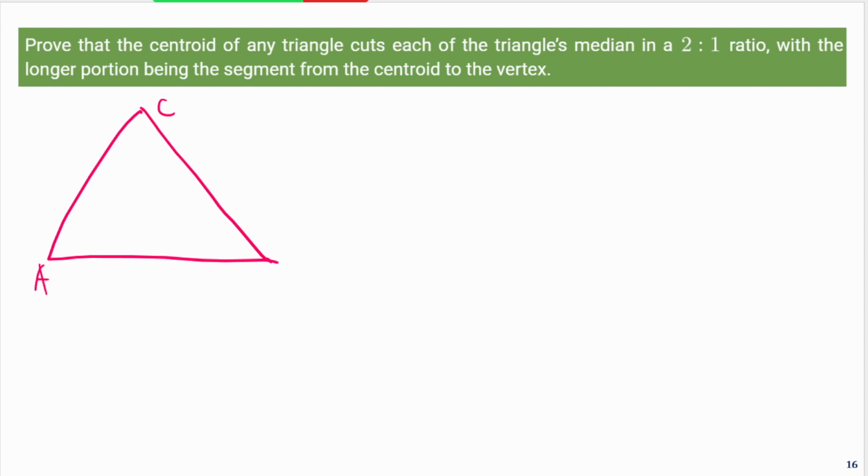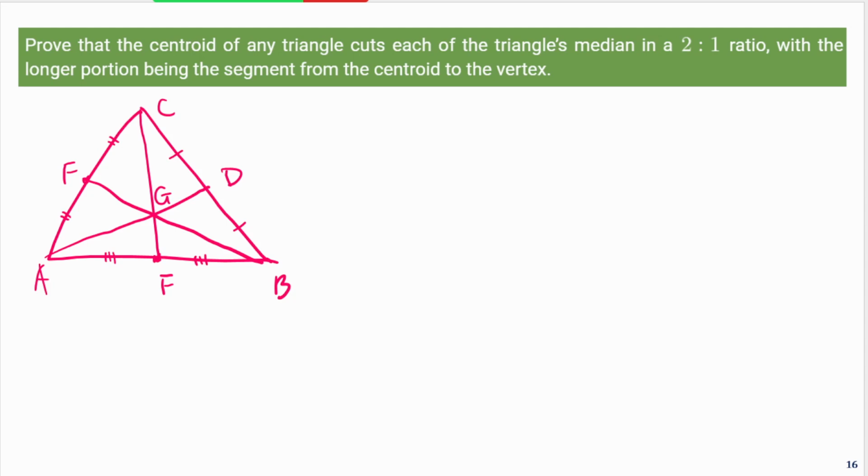C, A, B. Then F is the midpoint, CF is the median, BF is also a median, and AD is also a median, since this is a centroid, which is denoted as letter G. Any ideas?